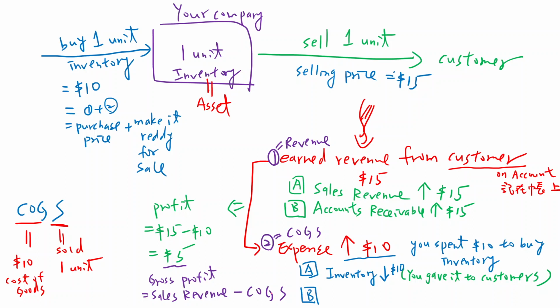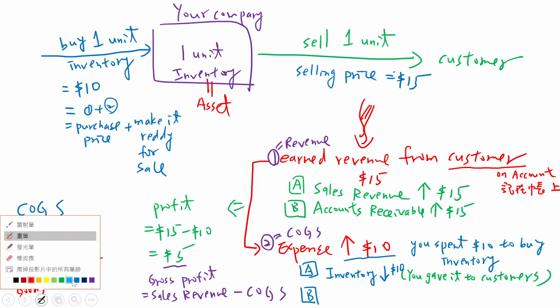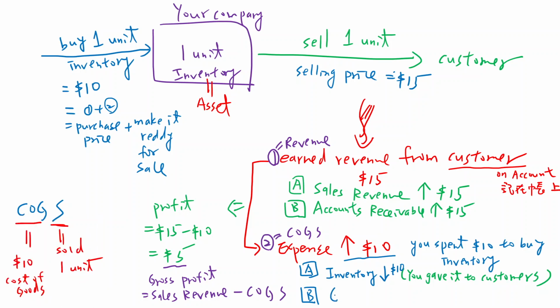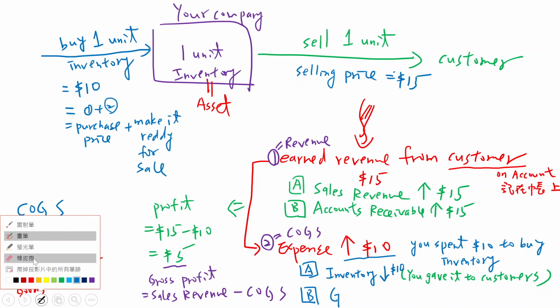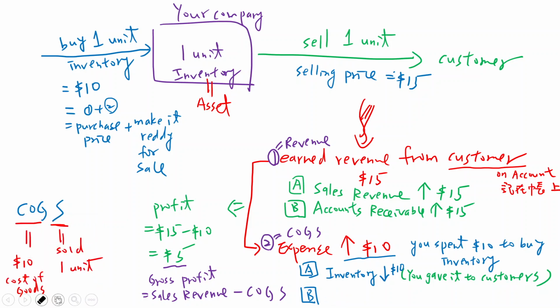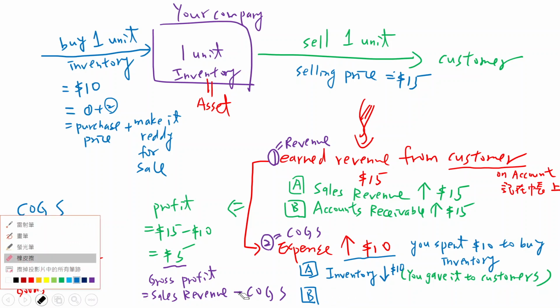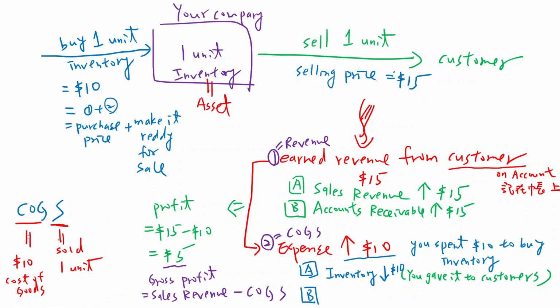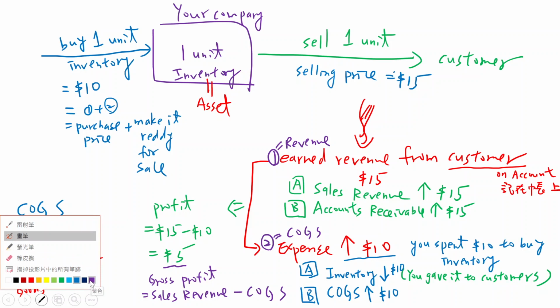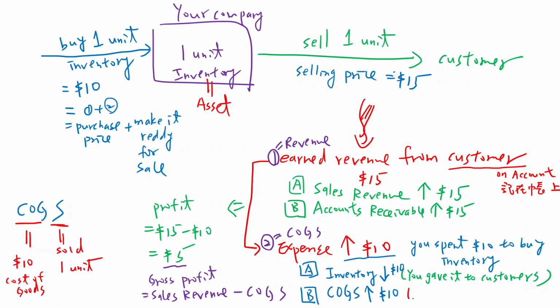So inventory decrease because you give it to customers, which means your cost of goods sold, your expenses, increase $10. That's your expense. Because your expense increase. Increase means incurred.